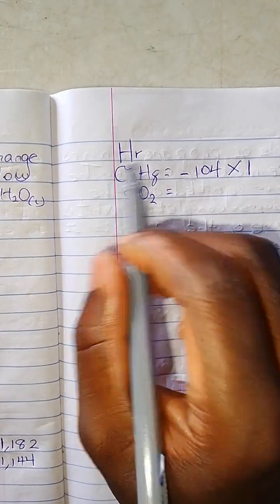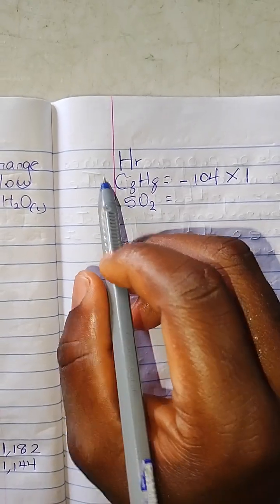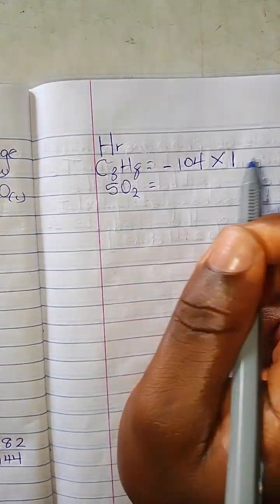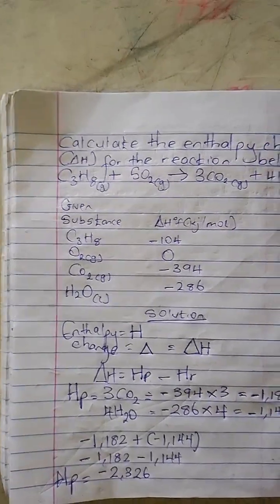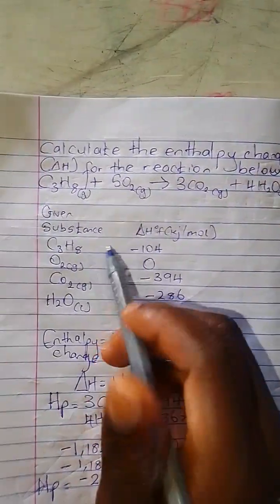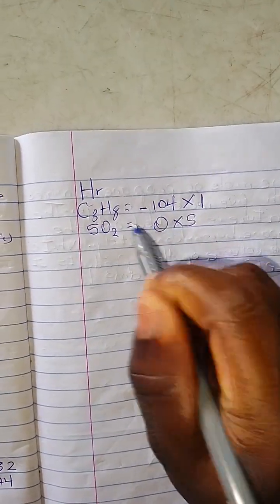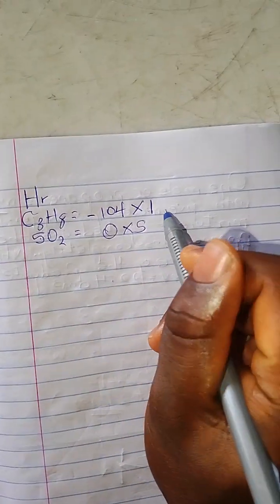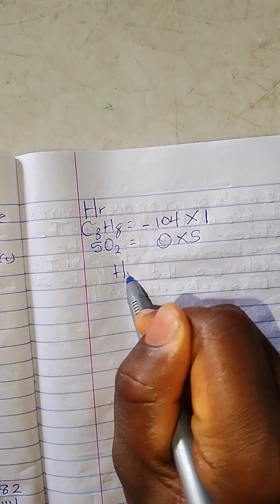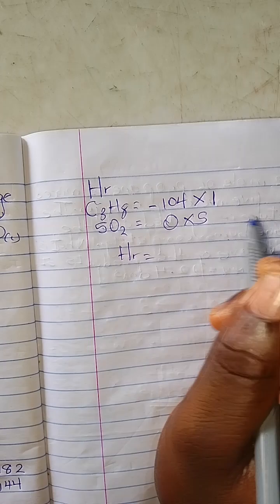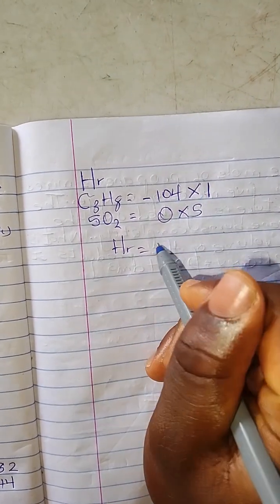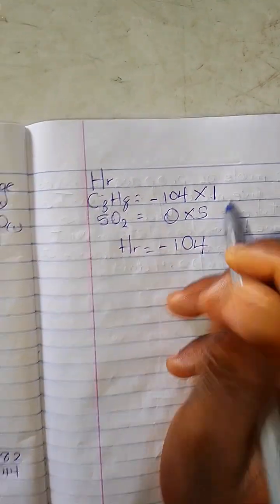Oxygen here is 0, so we have 0 times 5, which you agree with me is 0. So minus 104 times 1 will be minus 104.